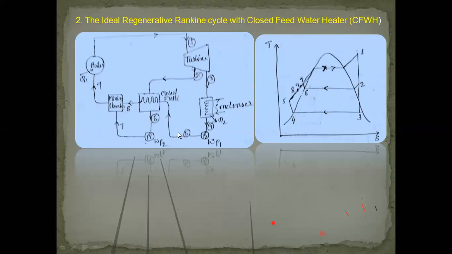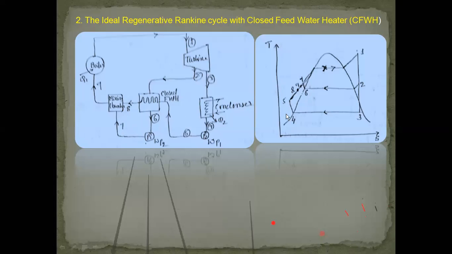Now the 5 that enters as a liquid over here comes out at 8. So there is heat addition taking place from this steam. Earlier the temperature was here at 5. Now the temperature has been increased up to 8. At 6, when it's pumped, its pressure is increased as well as its temperature, giving 7.